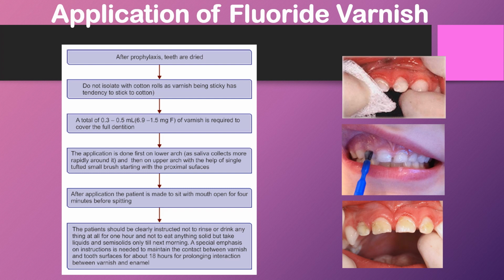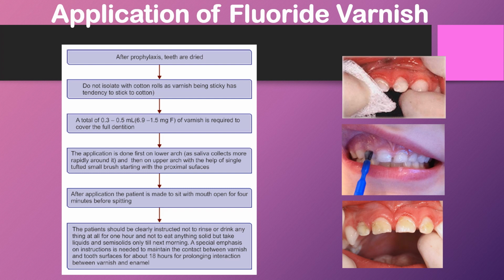They say that 0.3 to 0.5 ml is sufficient to cover the full primary dentition. First it is preferred that you apply to the lower arch, because in the lower arch there is going to be saliva pooling. We don't want that to happen, so we finish off with the lower arch and then move to the upper arch. And even the proximal surfaces can be varnished.